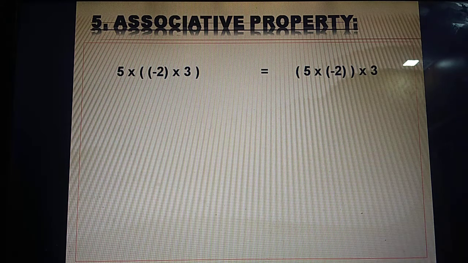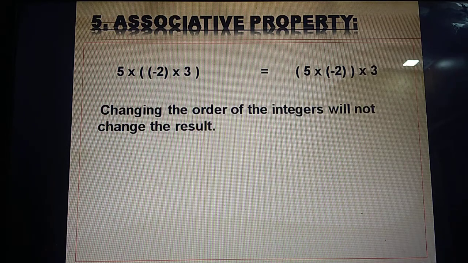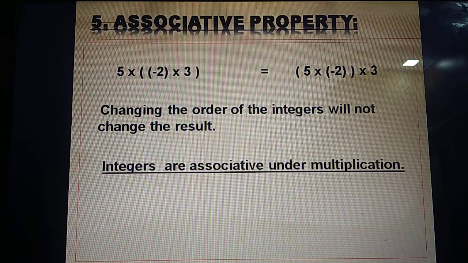On the right hand side, first 5 into minus 2, you will get minus 10, and then minus 10 into 3, you will get again minus 30. Left hand side and right hand side give you the same result. So here again, changing the order of grouping will not change the result, or you can say integers are associative under multiplication.